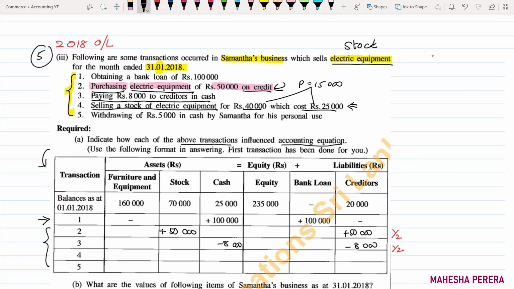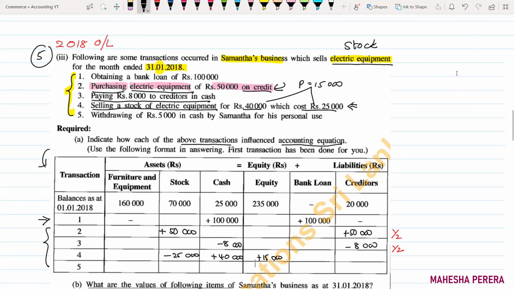And we know that profit leads to an increase in equity, because the assets belong to the owner. So this is how you record the impacts. Under stock, minus 25,000, under cash plus 40,000, and under equity plus 15,000. Okay, that's it.